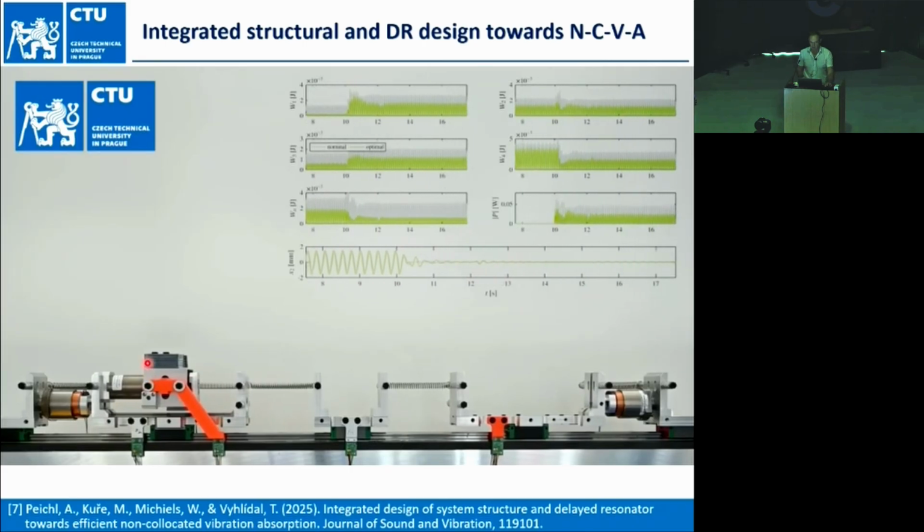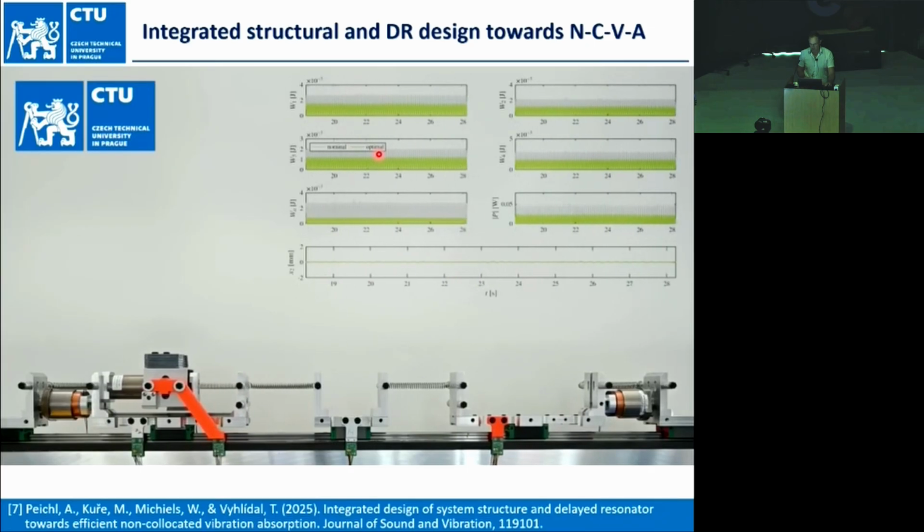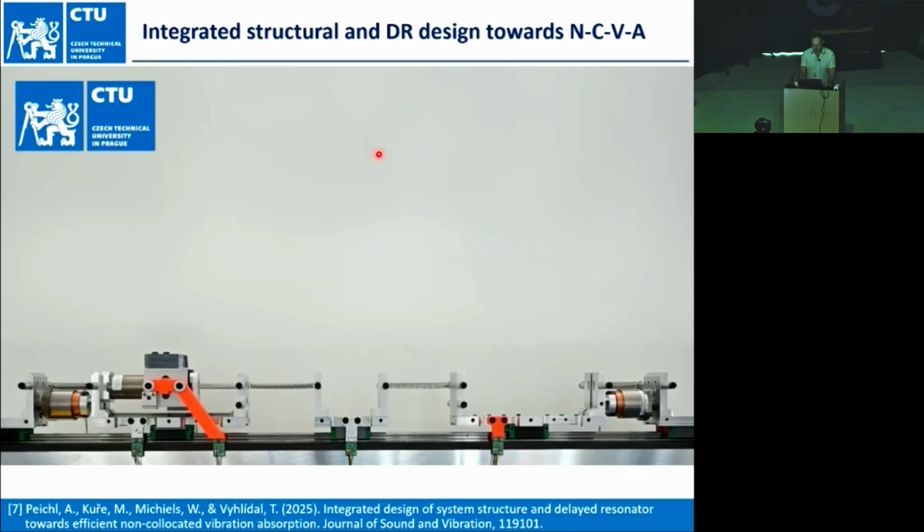And in the comparison, the gray one are the energies for the original system, and the green one for the optimized. Yeah, so now it's much better. So by slight changes we can get much better behavior and stable behavior.